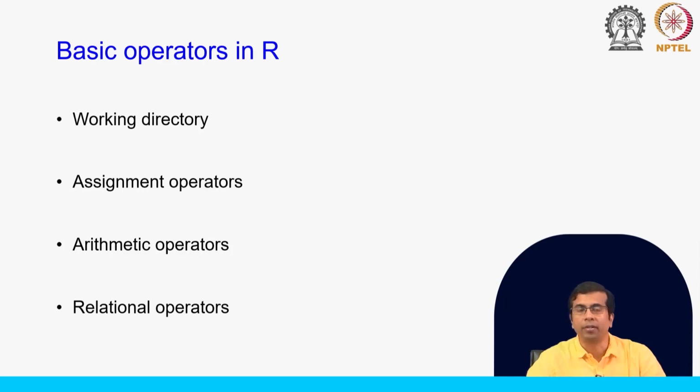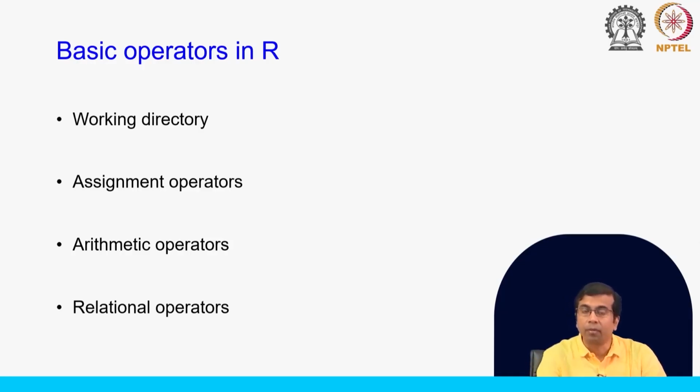You also have relational operators, how do you actually check whether some number is greater than something, etc. So those who are familiar with other programming languages might find some similarity, but it's good to discuss the actual notations, actual signs that we use.